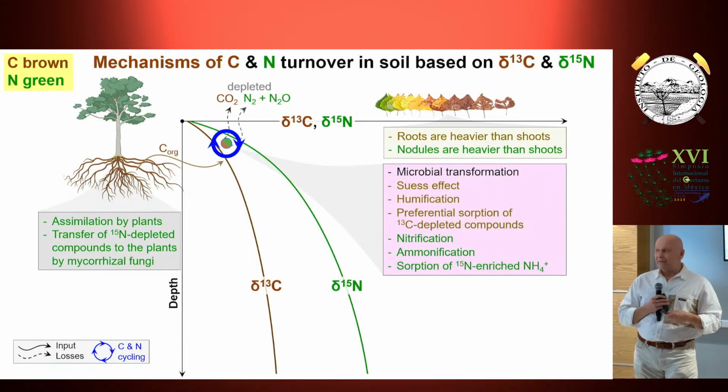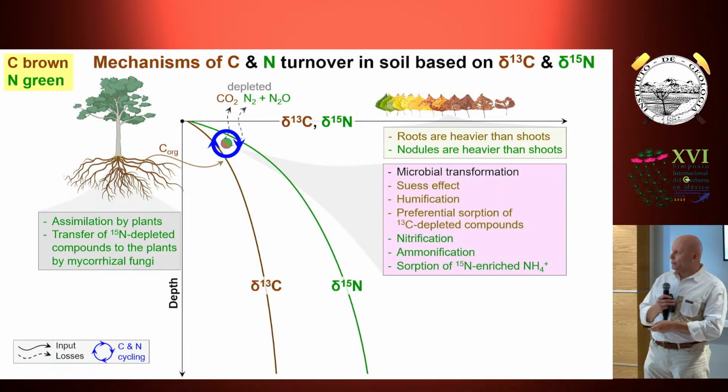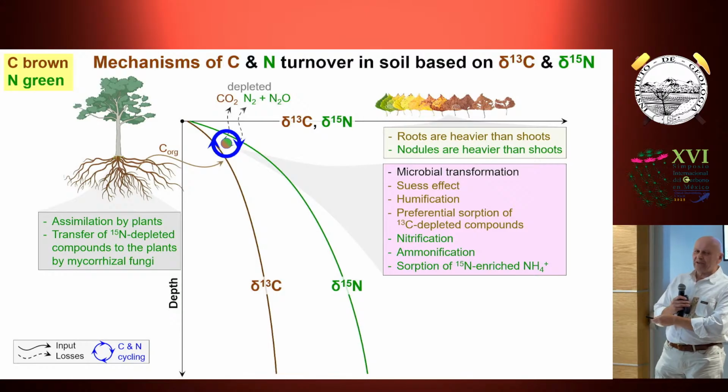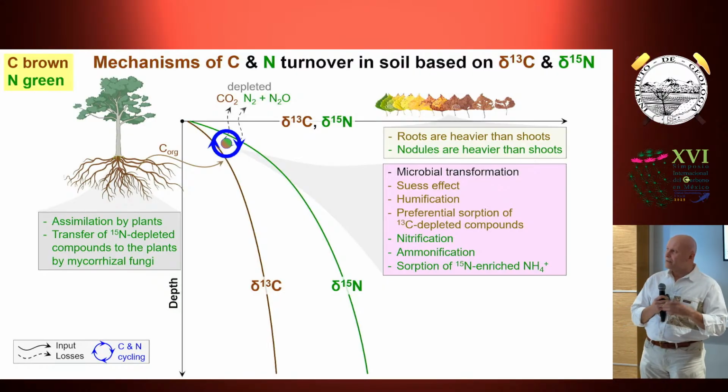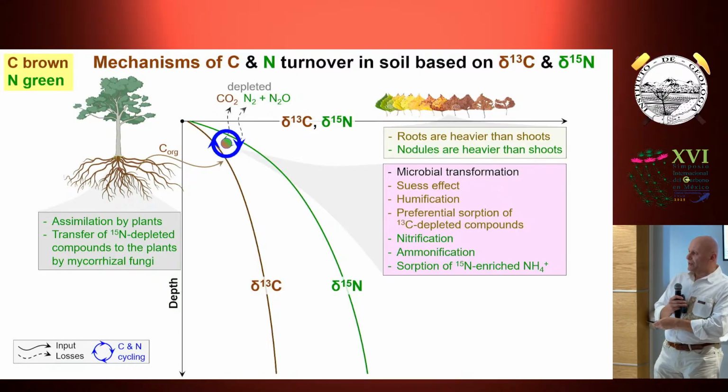There are many mechanisms by which microorganisms contribute to this. So if microbial transformation is ongoing, then heavier compounds remain in soil, and lighter go into the atmosphere. Another contribution is the Suess effect. We can speak about this in the discussion.